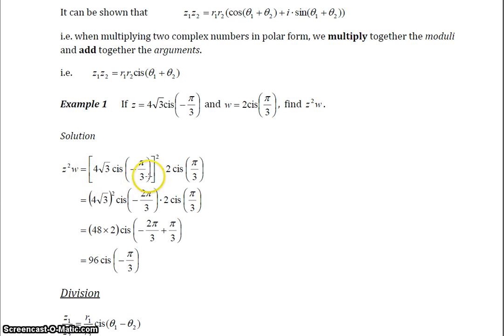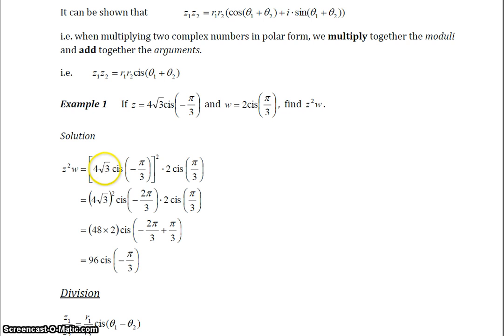The first step is we want to find what z squared is. So there's our complex number for z, and it's being squared, and we multiply that by our complex number w. First of all, squaring this, because it's times itself, we multiply the moduli together.